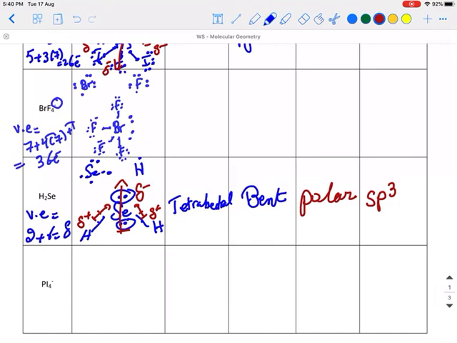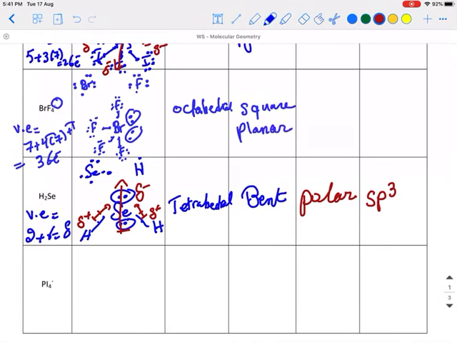So what will be the electron geometry? We have 6 electron clouds around it, so it is octahedral. And now, what is the molecular shape? It will be distorted due to the presence of 2 lone pairs, so it will be square planar.